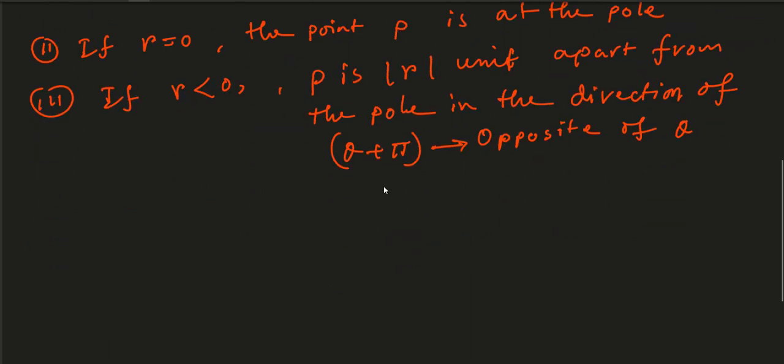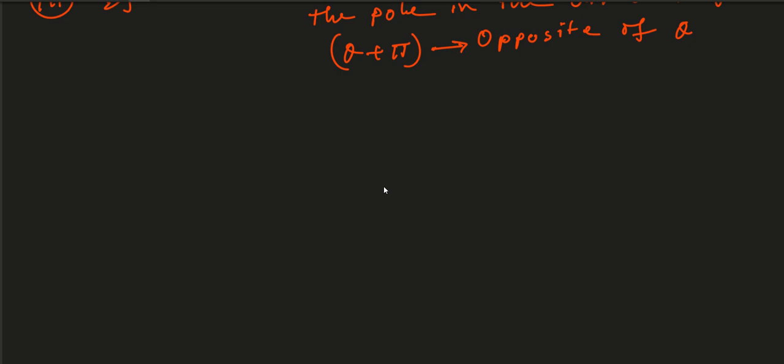So here, let me draw the situation again. The angle theta, the point P (r, theta), this is O, this is OX, the original axis, the polar axis, and this is the final position.